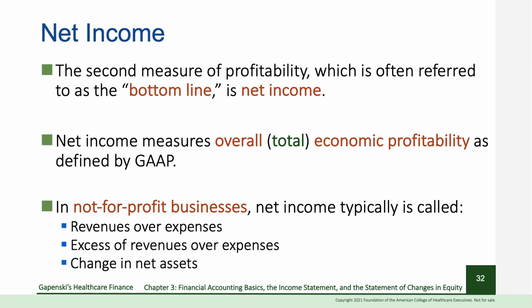So the net income measures total economic profitability, and that is how it is defined by the GAAP. For a not-for-profit business, net income includes excess of revenues over expenses and change in net assets. So if you subtract the expenses from the revenue, that is a net income, and that is for the not-for-profit business.